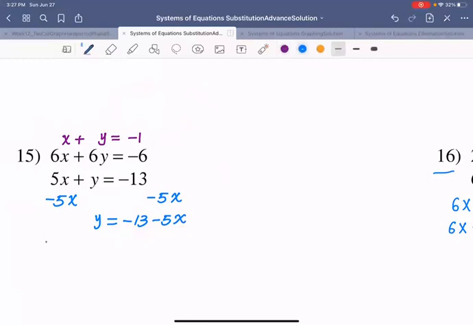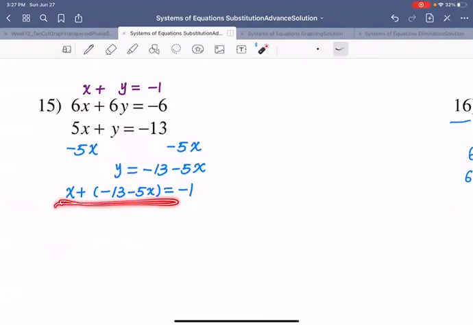So x plus negative 13 minus 5x equals 1. Equals how much? -1. Do the next.